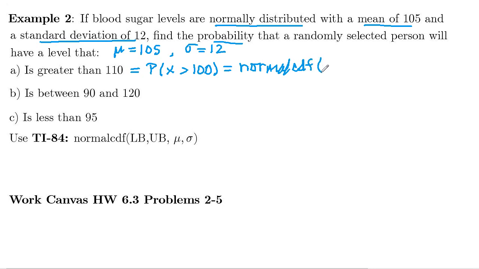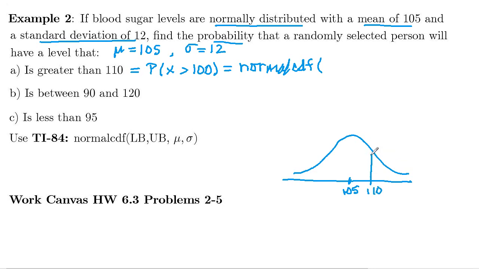And our lower cutoff, well, we're greater than 110. So if we sketched our distribution down here, mean is 105 here in the middle, greater than 110.